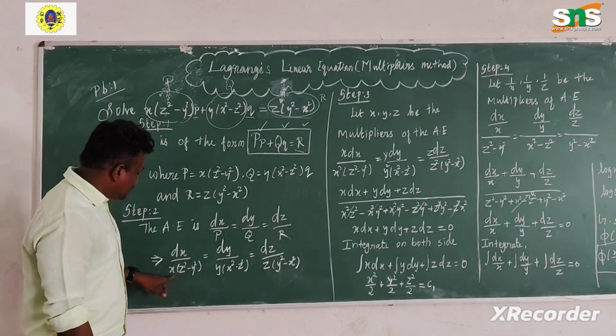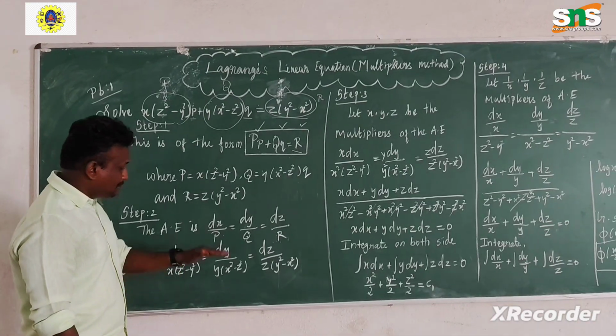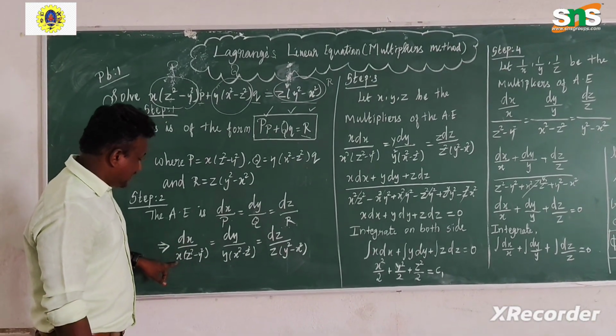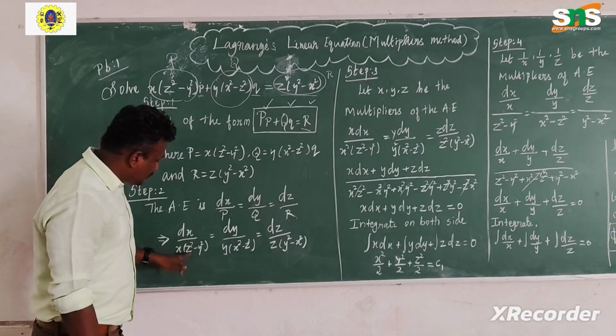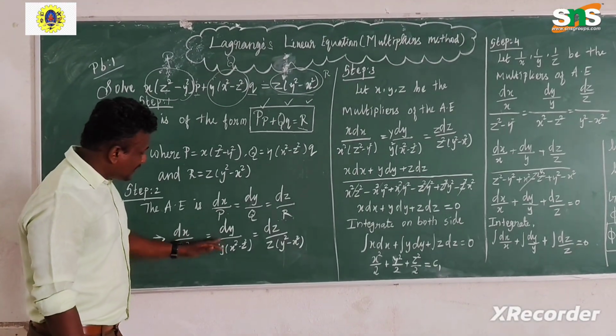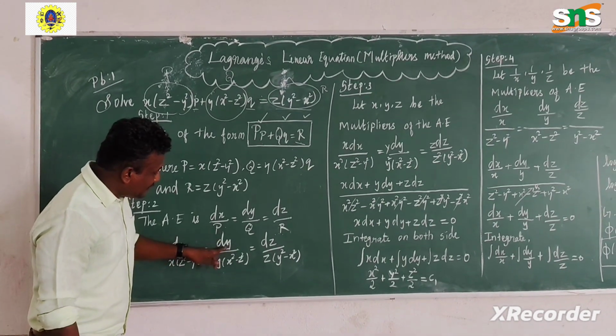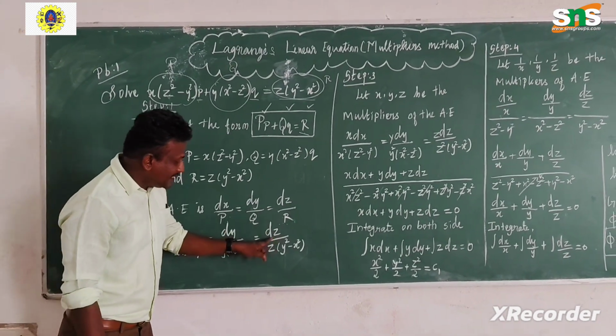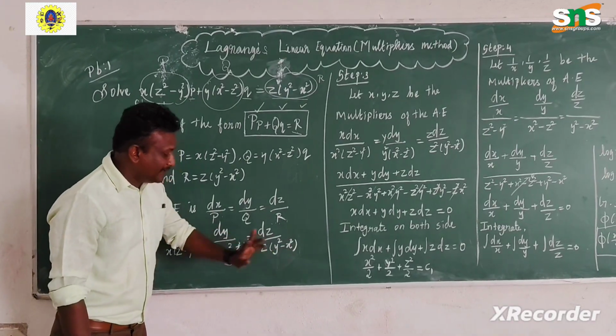Here I'm checking whether the variables got separated or not. In dx divided by x, we still have z and y. Similarly, in the y derivative we have x and z also, and in the z derivative we have x and y variables also.